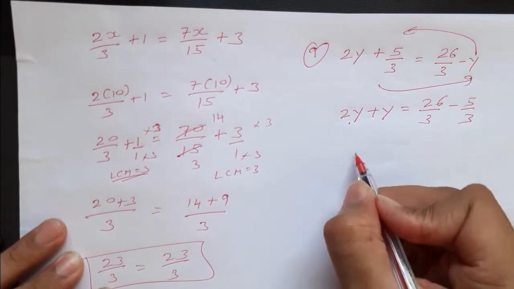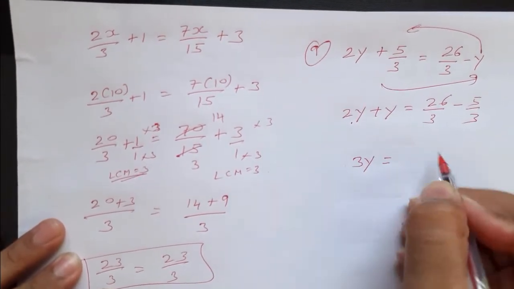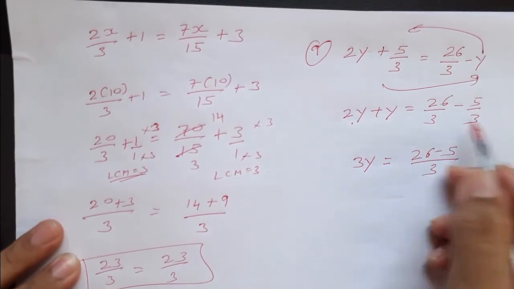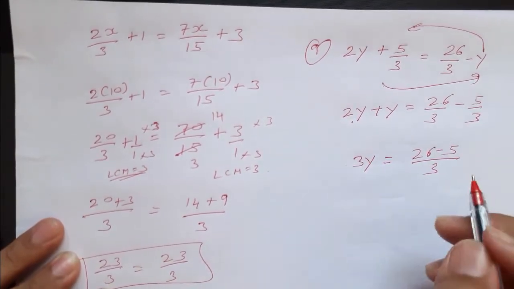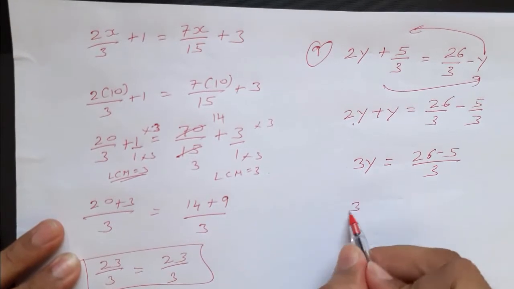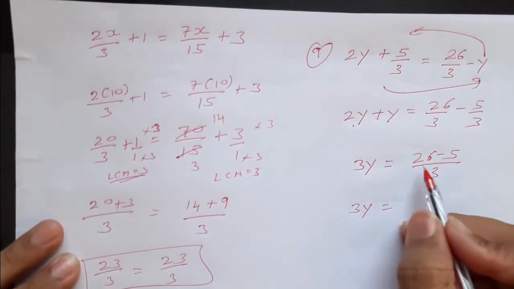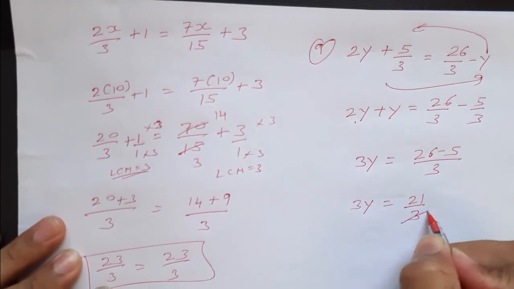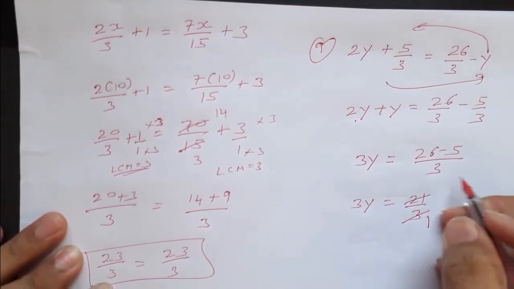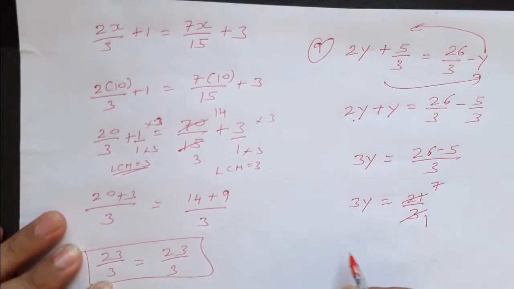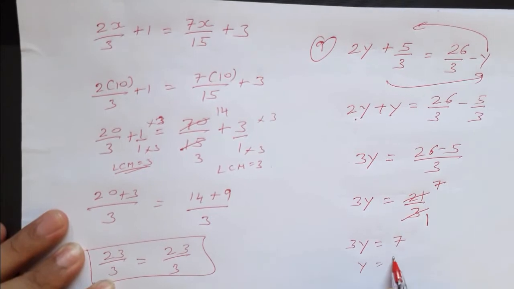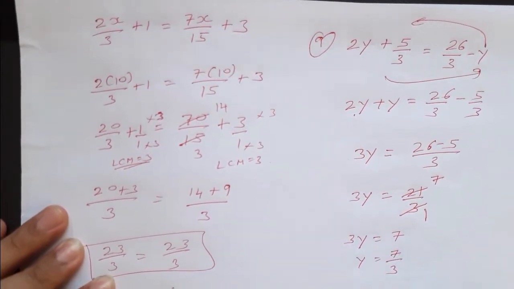Then 2y plus y will be 3y, that is equal to 26 minus 5 upon 3. Both the denominators are the same. Then 3y is equal to 26 minus 5 will be 21 upon 3. Then 3 sevens are 21. So 3y equal to 7. So y is equal to 7 by 3.